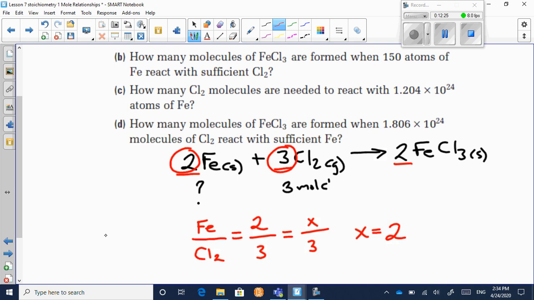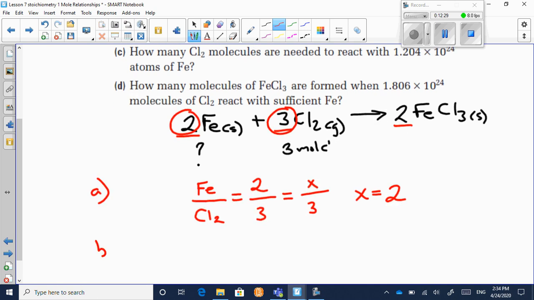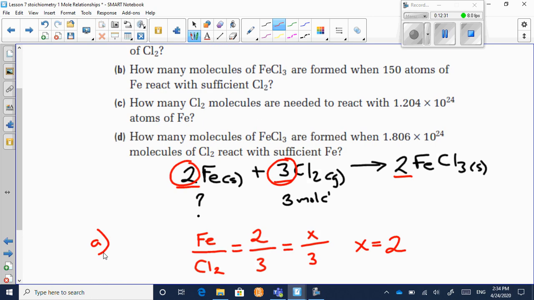So that was A. Let's try B. Okay, so B says, how many molecules of FeCl3? So now we're looking over here. How many of these? So I'm going to change the color of my pen.